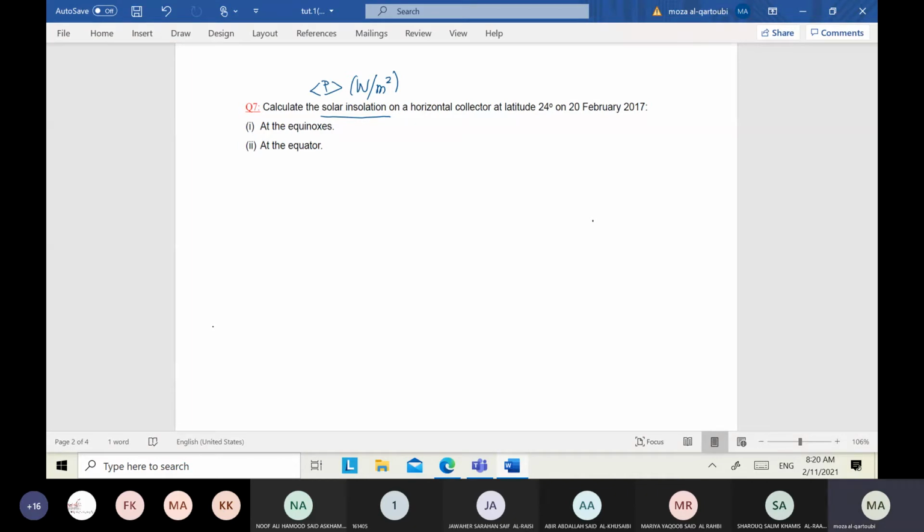The first one is the sun tracking surface, another is the stationary surface, and the third type is the horizontal surface. So we are now in case type number 3, given a horizontal surface. Depending on the type of collector, we'll find the value of solar insolation.